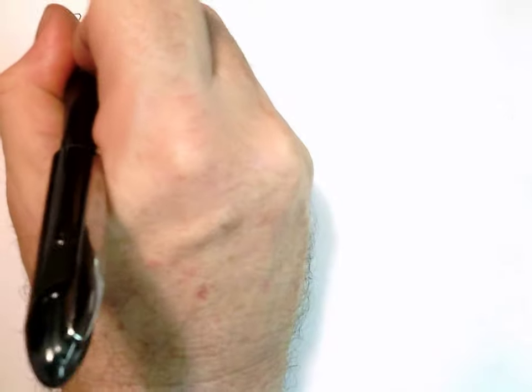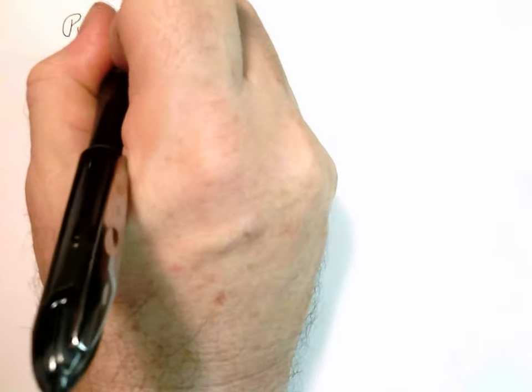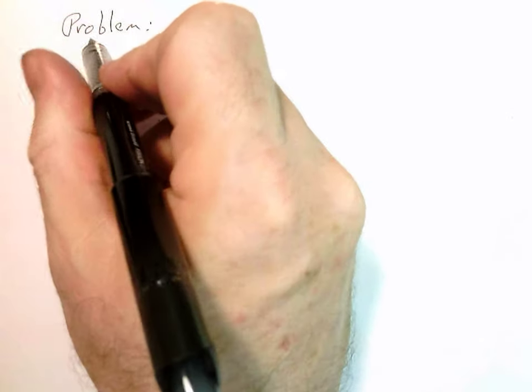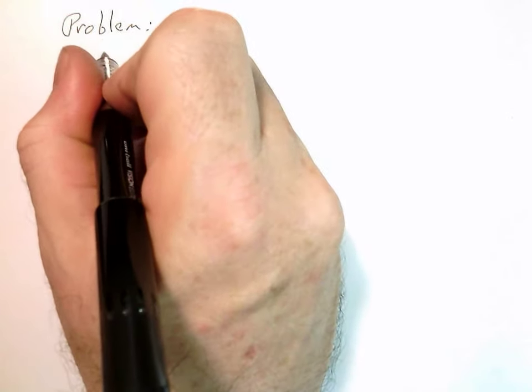So I want to talk about different cases for the phase. The problem that we ran into repeatedly is we want to find a certain form for our answers to a differential equation.